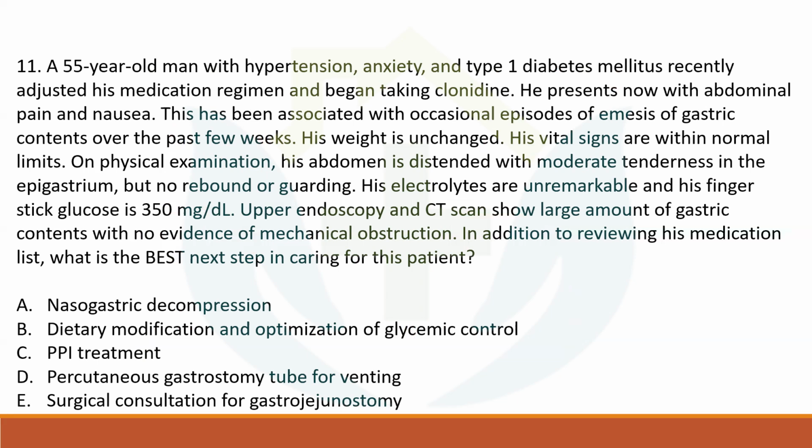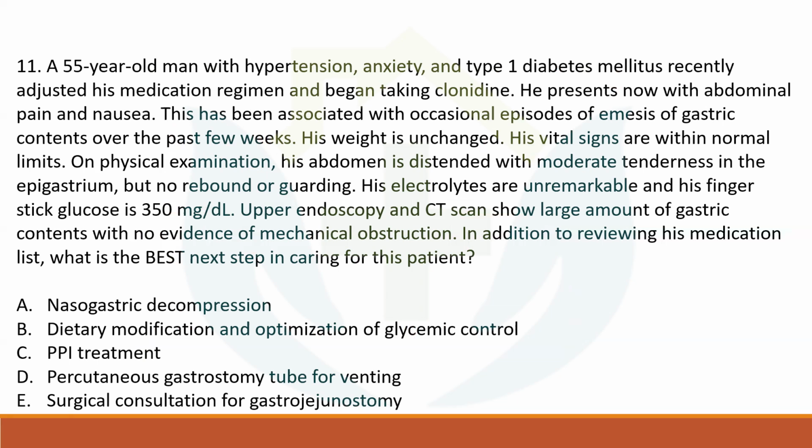It's question number 11. This is a 55-year-old man with hypertension, anxiety, and diabetes mellitus who recently adjusted his medication regime and began taking clonidine. He presents now with abdominal pain and nausea. This has been associated with occasional episodes of vomiting of gastric contents over the past few weeks. His weight is unchanged.